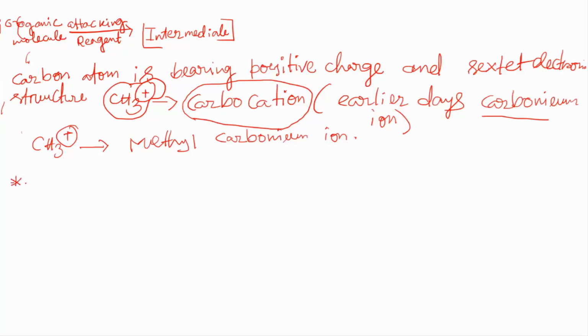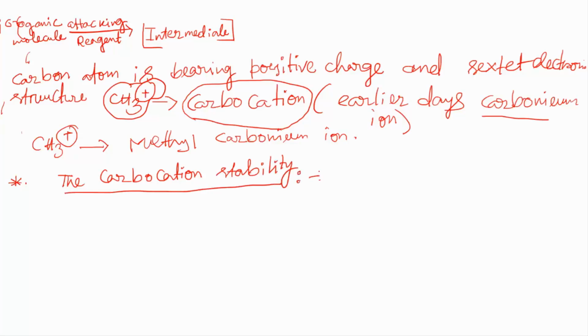Now we'll discuss the stability of these carbocations. If we discuss carbocation stability, the lowest will be CH3 plus. The next one will be the ethyl cation, CH3CH2 plus.